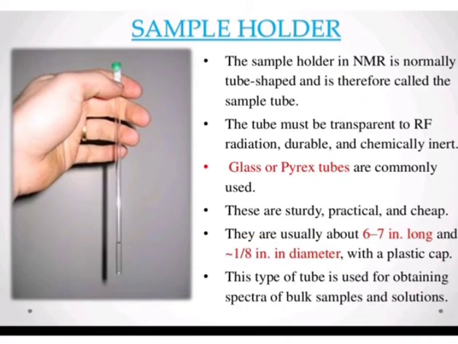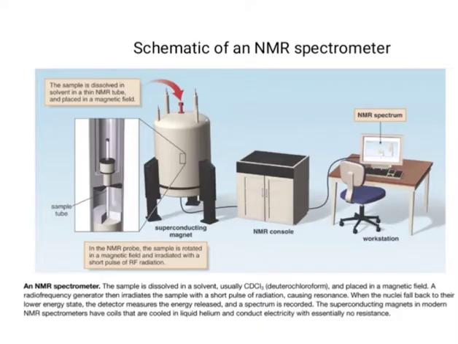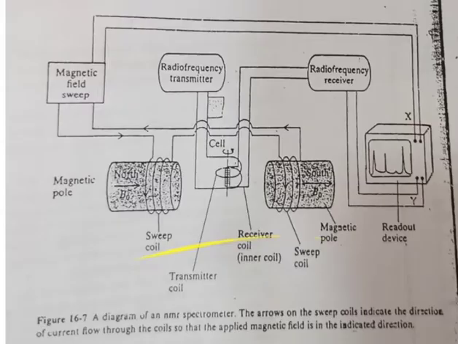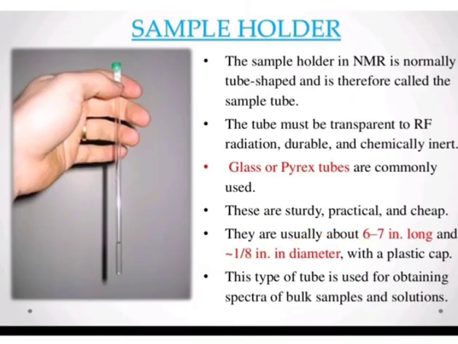Then the sample holder, see, we have seen a capillary like structure in this diagram. See here, we have seen this capillary like structure. This is called a sample tube, and we can say the same as a sample holder. So the sample holder in NMR is normally tube shaped and is therefore called the sample tube.